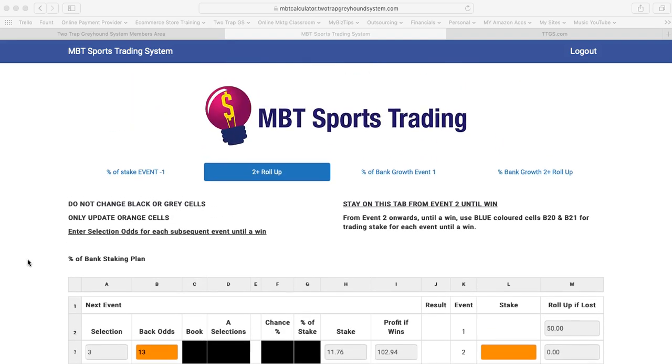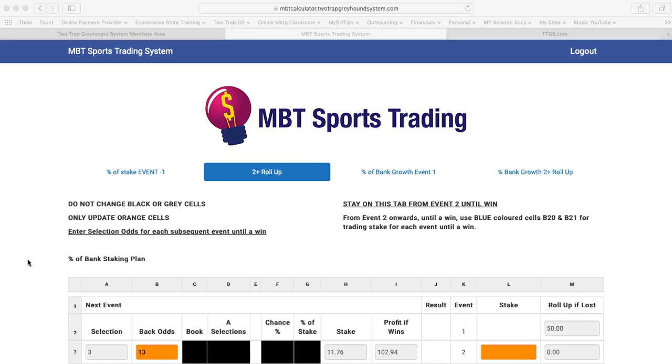So the MBT Sports Trading Calculator lets you recover your loss from previous stakes without exposing too greatly. In fact, it minimises your exposure in terms of your betting bank, so that you are able to continue to trade longer over more of the events until you recover the stake.